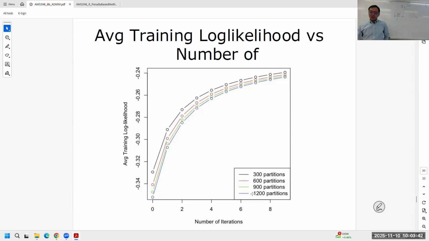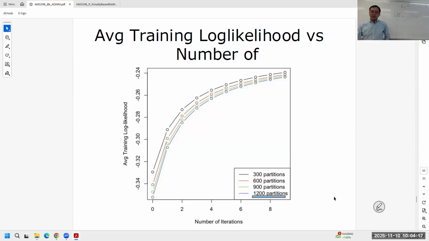You can see when you do more partitions, the log likelihood still all goes up, but there's a small gap. Basically, the smaller the number of partitions, the faster it converges. But even with 1,200 partitions, by around 80 iterations the distance becomes quite small, because they go up pretty quickly.